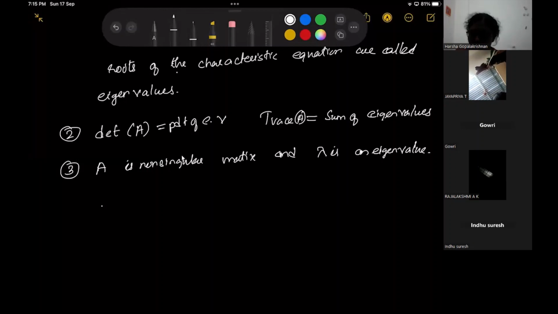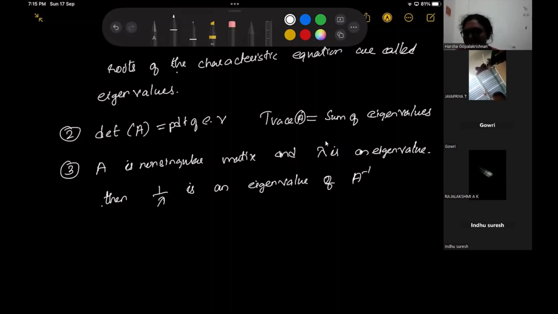A is non-zero. No, ma'am. Okay, then lambda is non-zero. So what the result says is, then 1 by lambda is an eigenvalue of A inverse. If A has eigenvalue lambda and A is non-singular, then lambda inverse is an eigenvalue of A inverse.